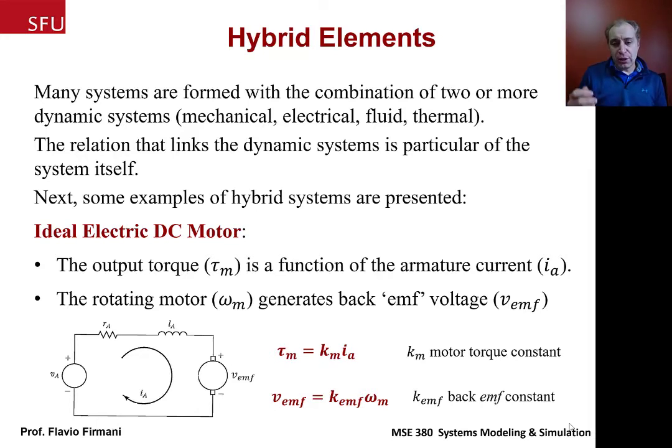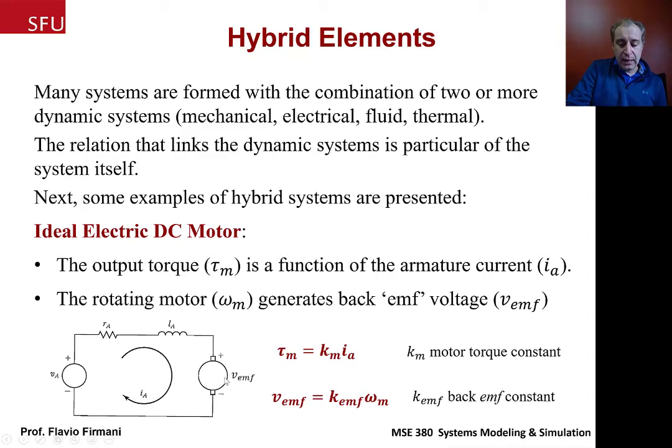We're going to consider the case, for example, of an electric DC motor. In an electric DC motor, we have the electrical domain, which is our electrical circuit, where we have an input voltage.